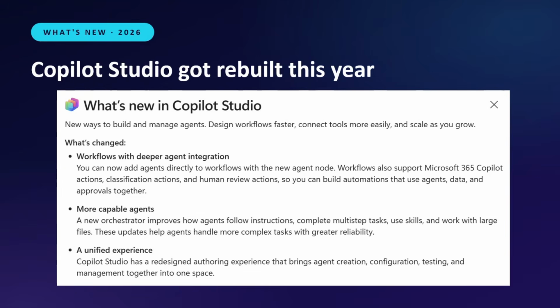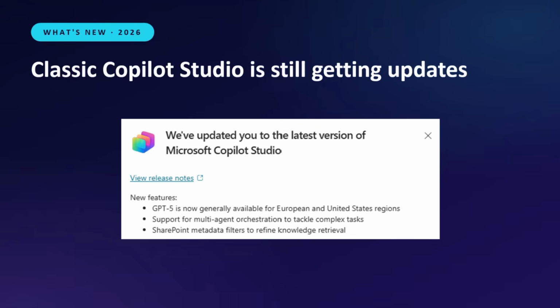With that said, and we are talking about the new experience, the older experience is not getting left behind or just chucked to the side. It is also still getting updates. New features for the classic experience include GPT-5 now being generally available for European and United States regions, support for multi-agent orchestration, and SharePoint metadata filters to refine the knowledge retrieval.